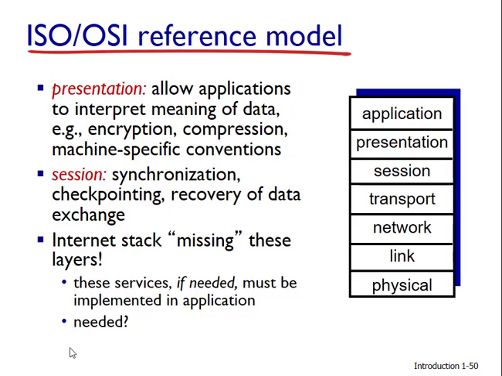The 7 layers of the OSI reference model shown here are application, presentation, session, transport, network, data link, and physical layers. Functionality of 5 of these layers is roughly the same as their similarly named Internet counterparts.